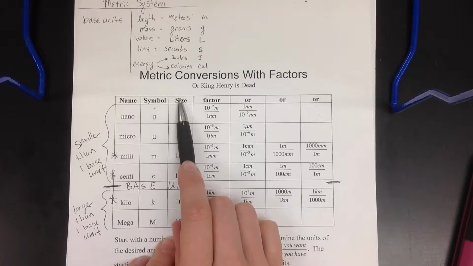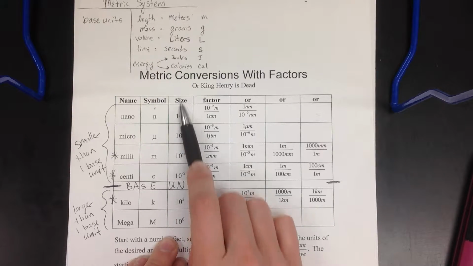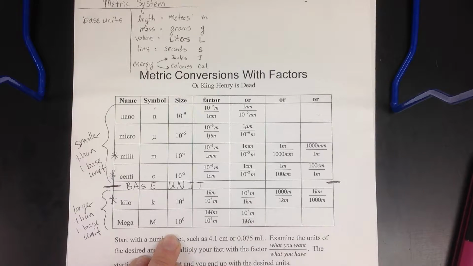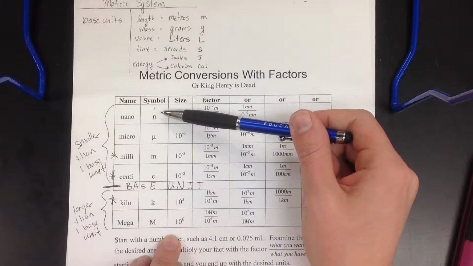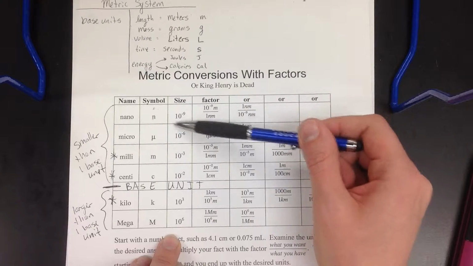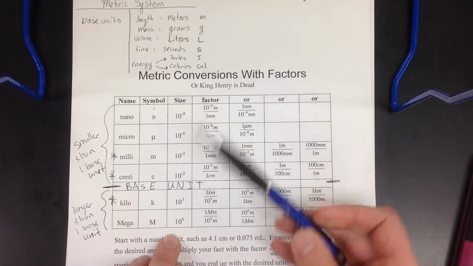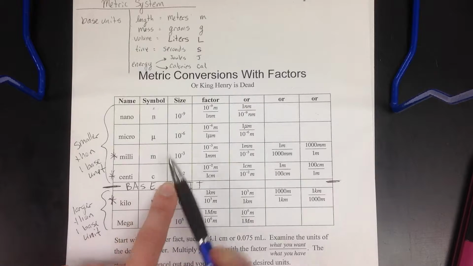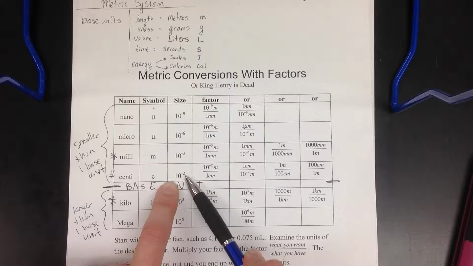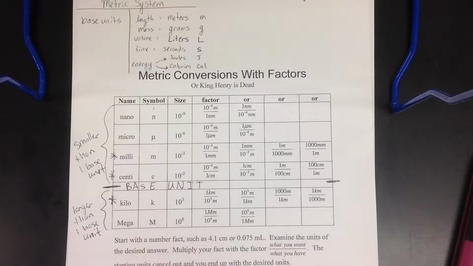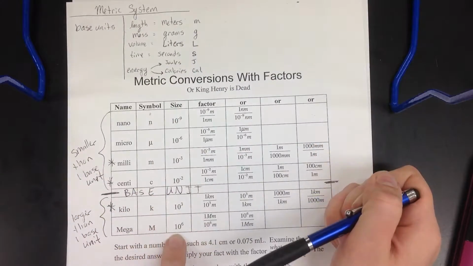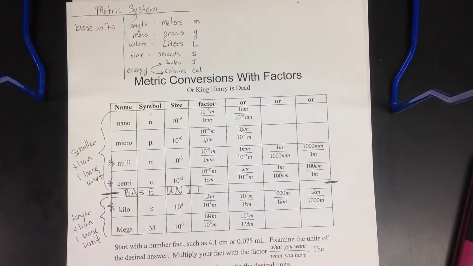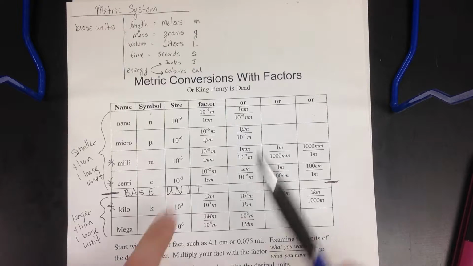Also on this sheet, we've got the size here. These numbers are referring to one of your prefix being equal to this amount of your base unit. So if I was looking at centi, I could say that 1 centimeter is equal to 10 to the negative 2 meters. And when we have conversions with our metric system, we're going to use these sizes as our factors, or those ratios, those fractions that can compare our two different units.